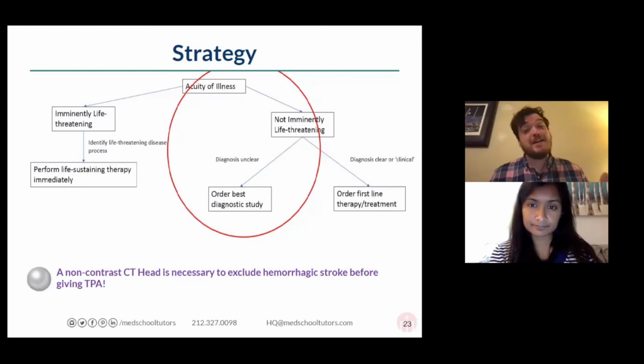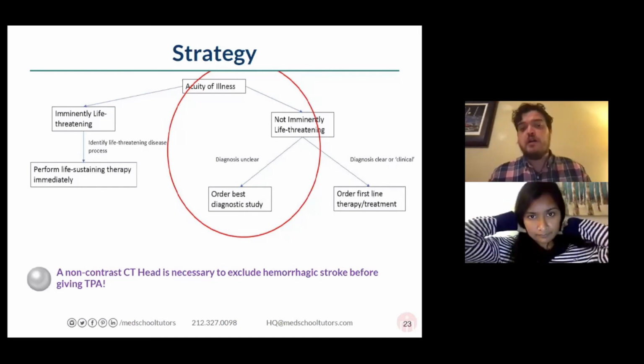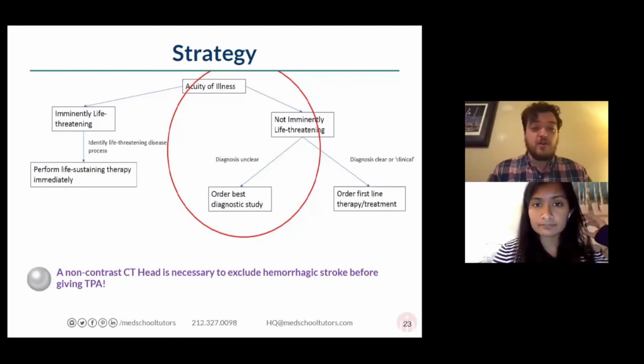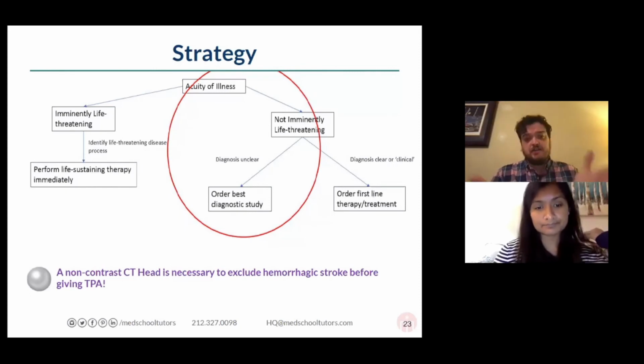Do I know a diagnosis? I don't. And actually that diagnostic information is what I need to make a management decision, which is TPA, yes or no. So I'm going to order the best diagnostic study. And for somebody presenting with a syndrome consistent with stroke, that first diagnostic study you've got to do is a non-contrasted CT scan of the head. And as I give the clinical pearl down here, it is necessary to exclude hemorrhagic stroke before giving TPA.